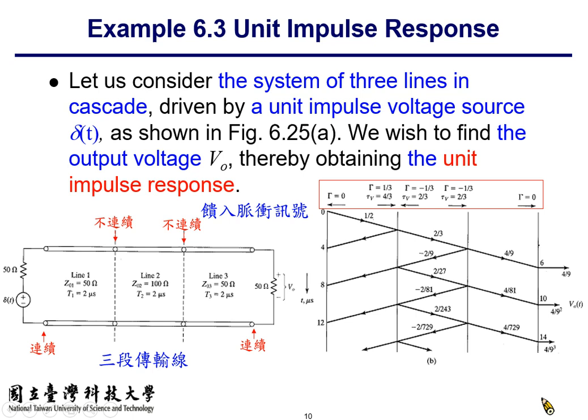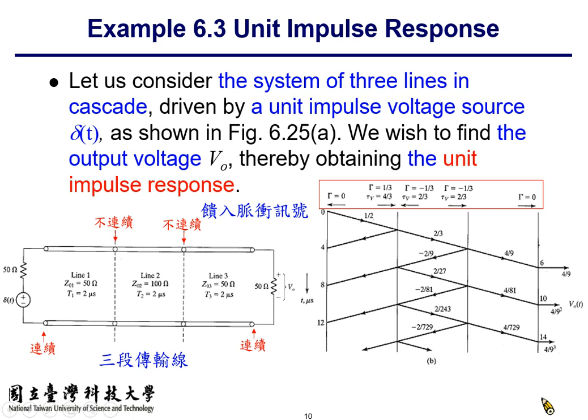Why? Because the signal shall propagate in the middle section twice to complete this pass, so you will add another 4 microseconds. So the time instance at which you observe the second impulse will be 10 microseconds.